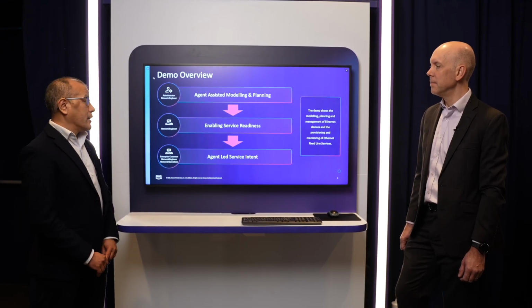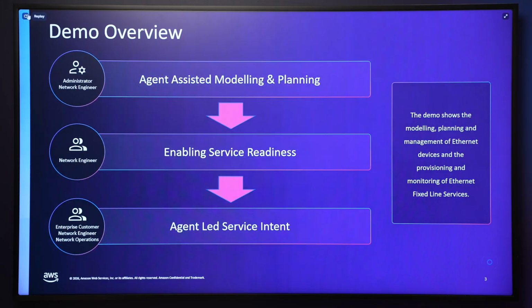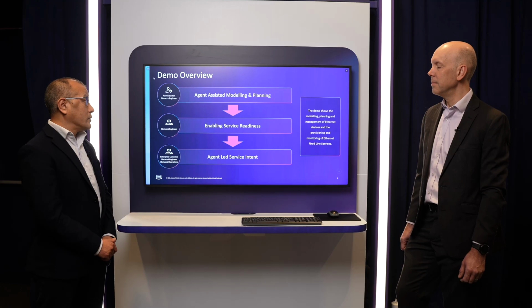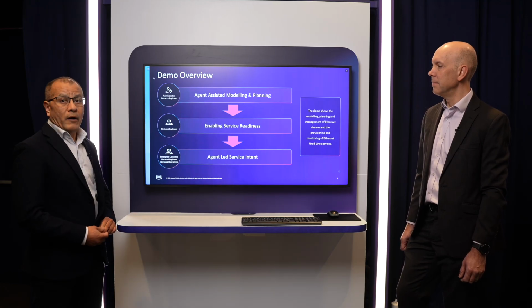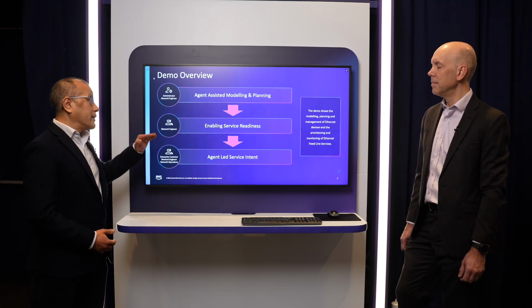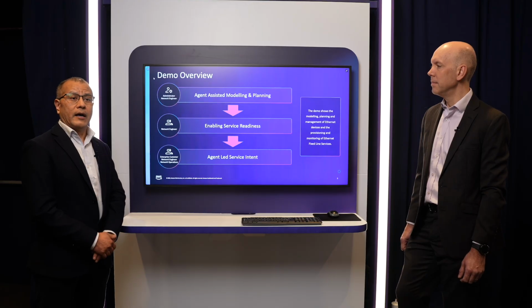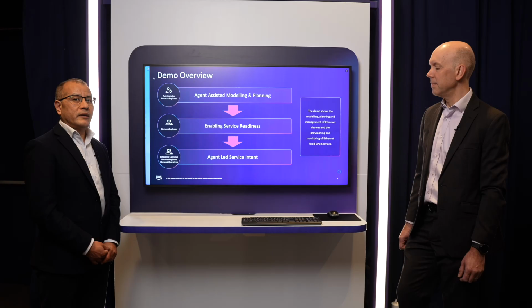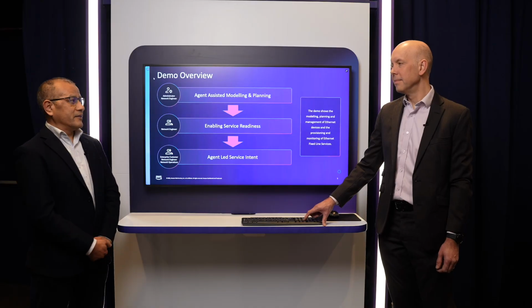The last is making sure the order from the customer goes through fulfillment and assurance, the end-to-end use case. In each use case, we're going to use different agents running on Amazon Bedrock AgentCore. So we'll hand it over to Darren.